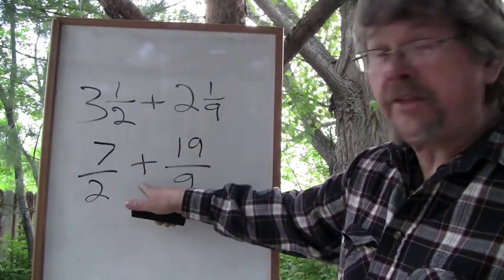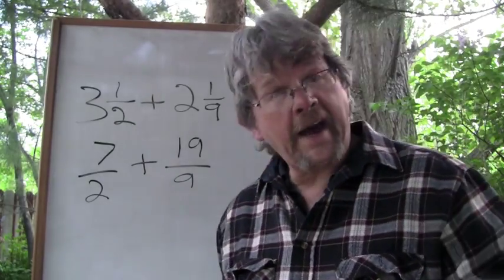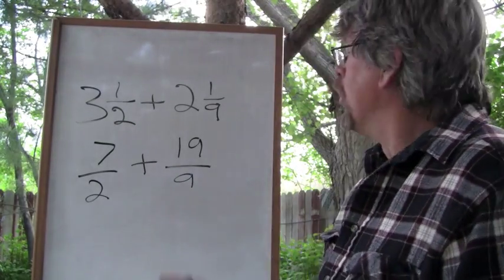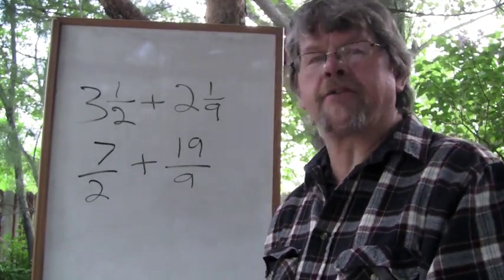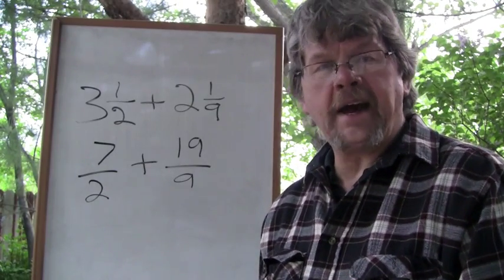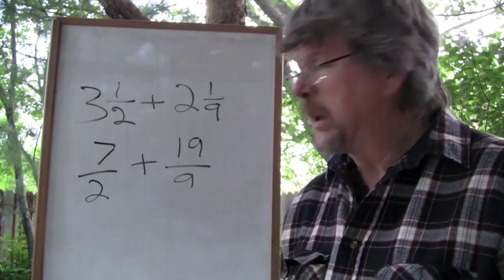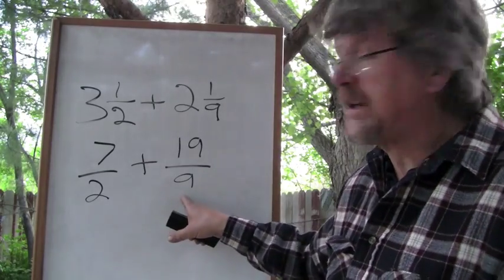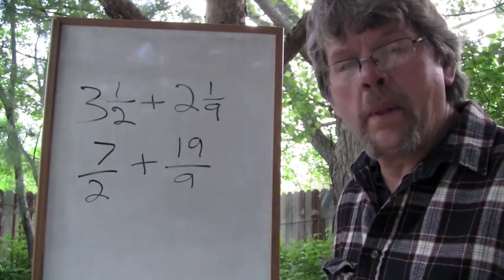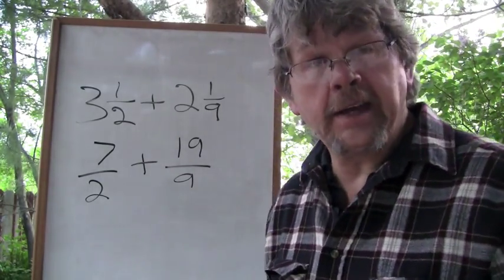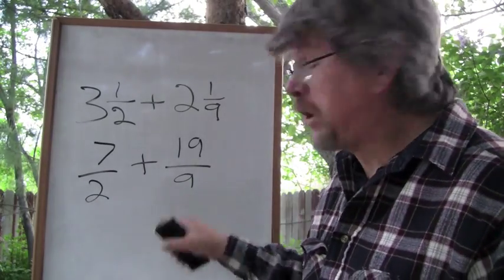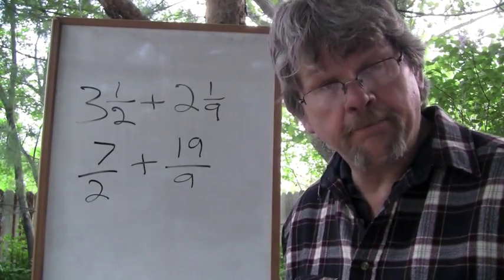Now we are with addition, so we have to have the common denominator. With adding and subtracting fractions, we have to have the common denominator. So we look for it. 2 won't go into 9, so what will 9 go into next? 18. 2 goes into 18, right?